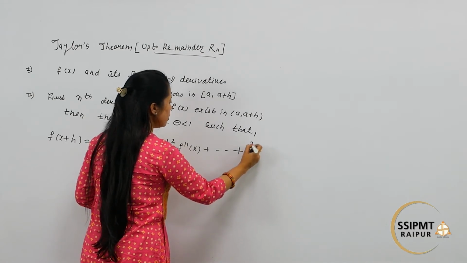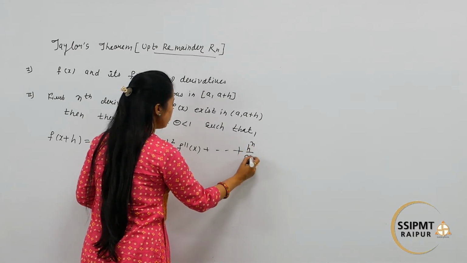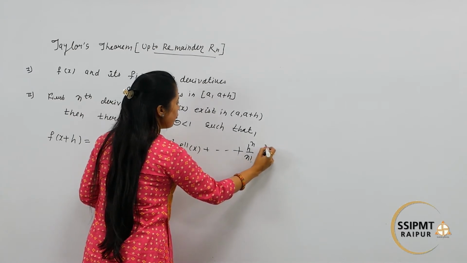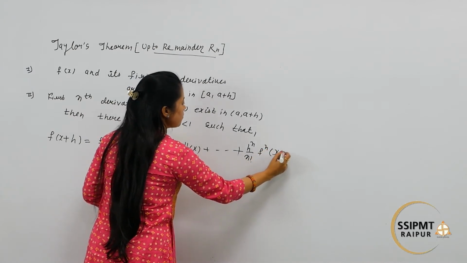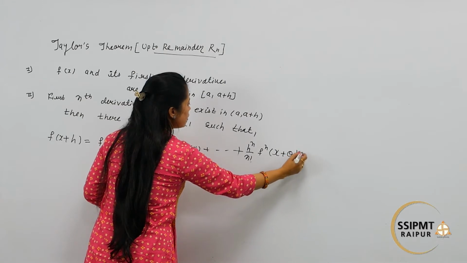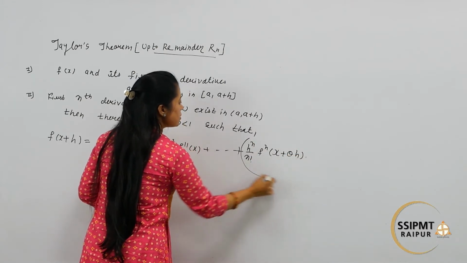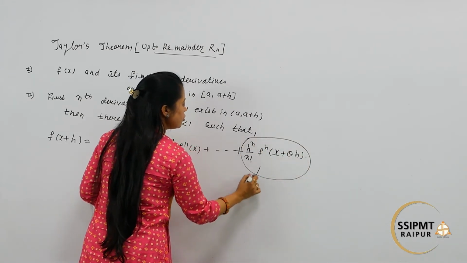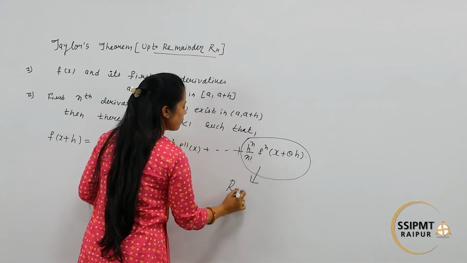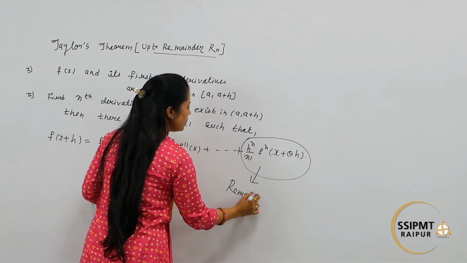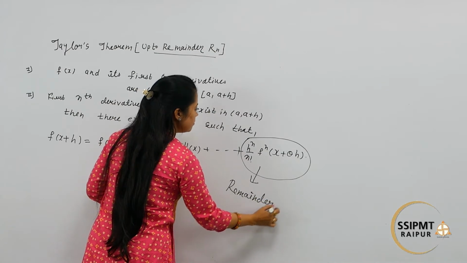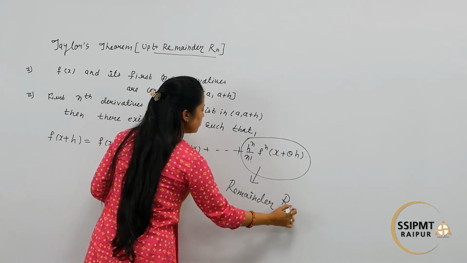The last term will be hⁿ/n! fⁿ(x + θh), and this last term is known as the remainder Rn.